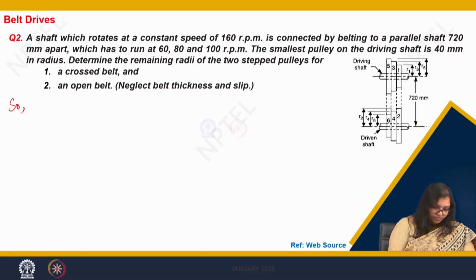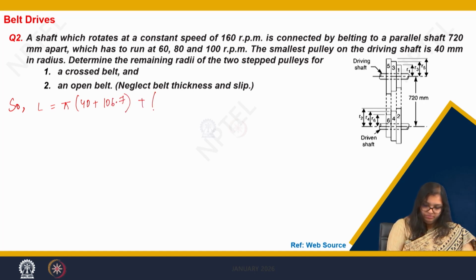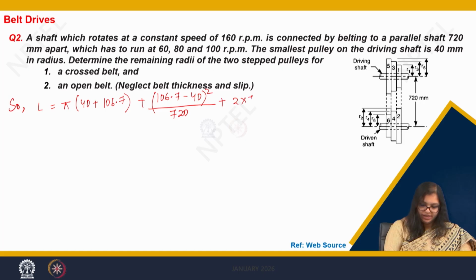So my L is equal to pi times 40 plus 106.7, plus 106.7 minus 40 square divided by 720, plus 2 multiplied by 720.